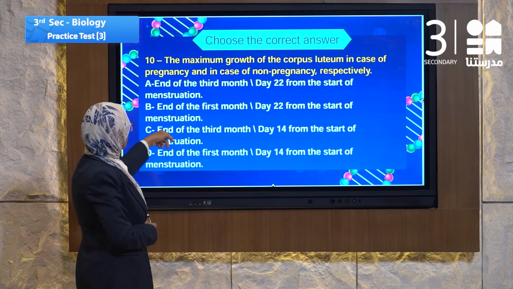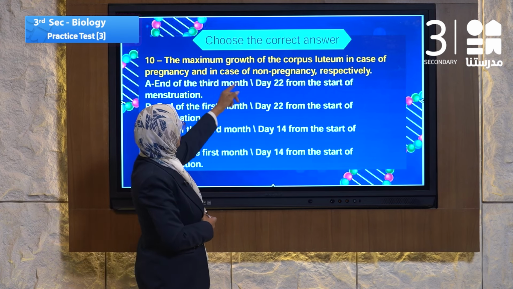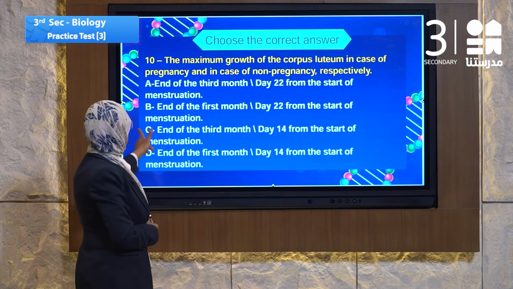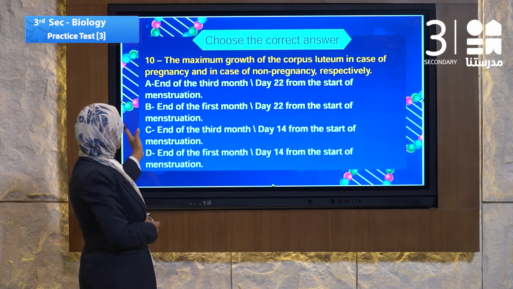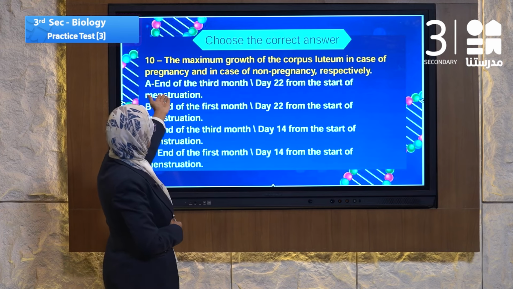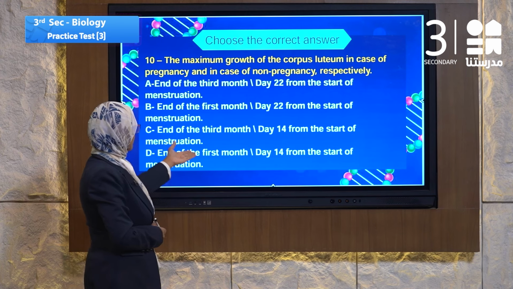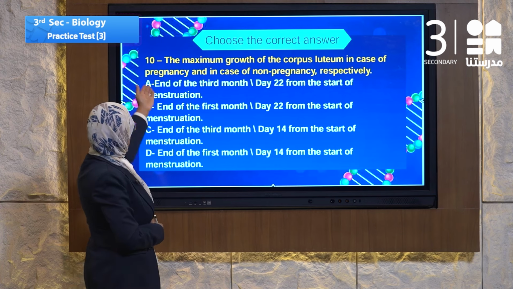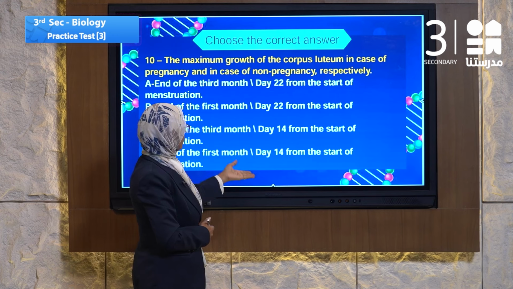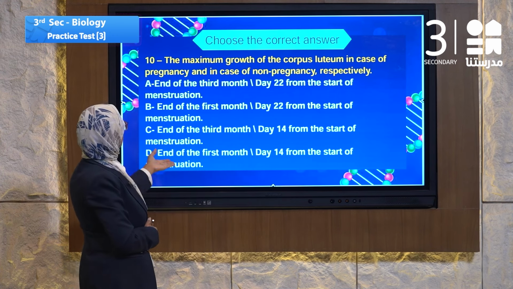B, end of the 1st month in pregnancy, or day 22 from the start of menstruation in non-pregnancy. C, end of the 3rd month in pregnancy, and day 14 from the start of menstruation. D, the 1st month in pregnancy and day 14 from the start of menstruation in non-pregnancy.